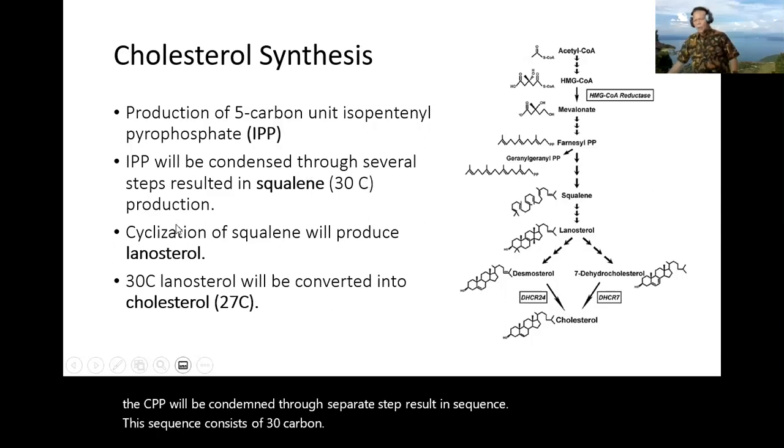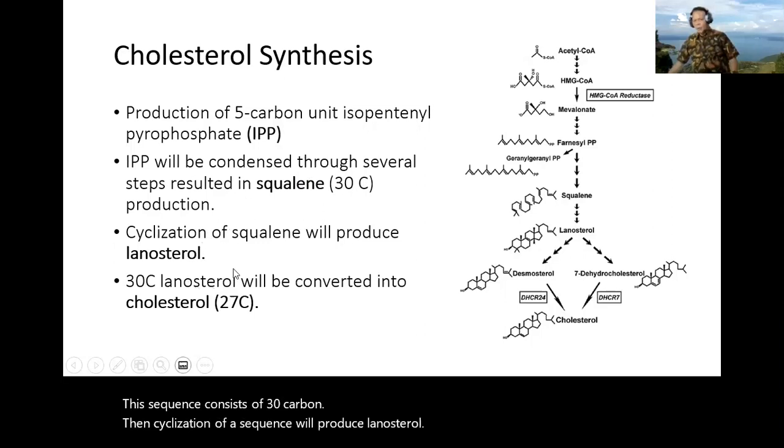Then cyclization of squalene will produce lanosterol. Lanosterol consists of 30 carbons and will be converted into cholesterol with 27 carbons. Let's see this pathway.